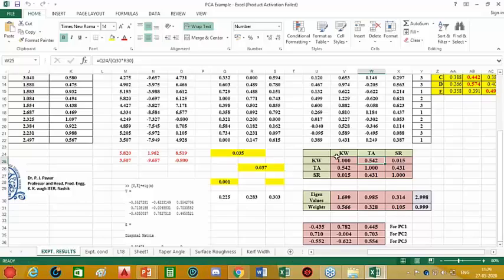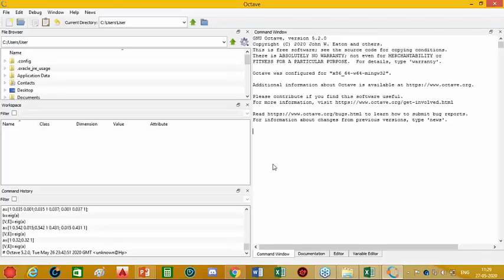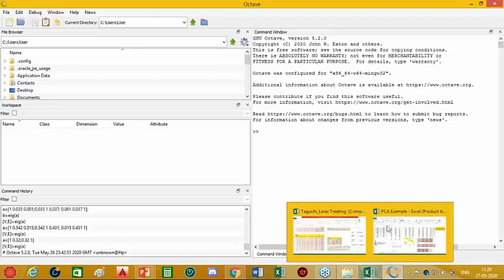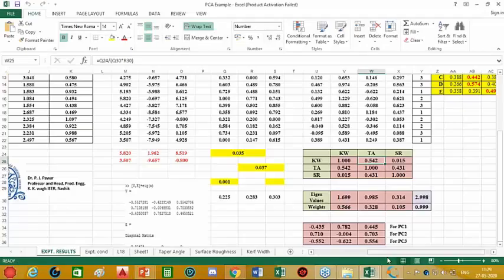So what we are going to do here is input this matrix, right? Octave is open source software and it is just like MATLAB. So we input this particular matrix here, and we will try to find the eigenvectors and eigenvalues of this matrix.